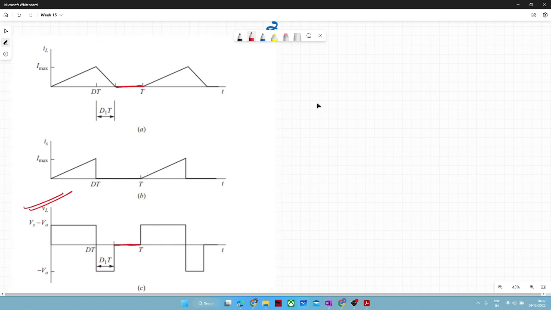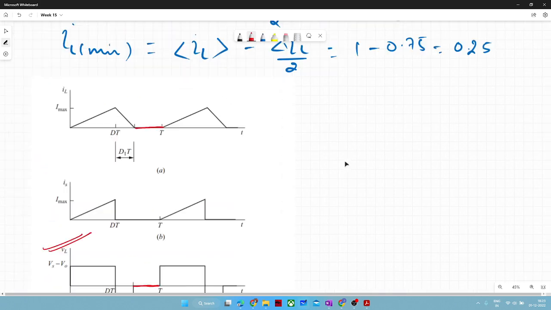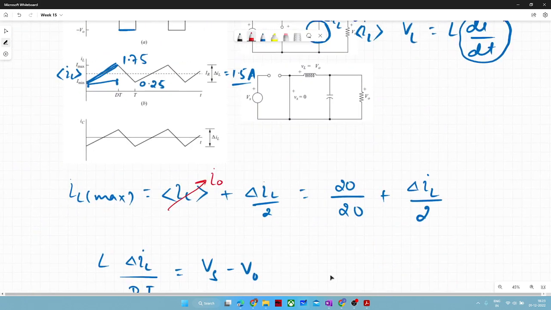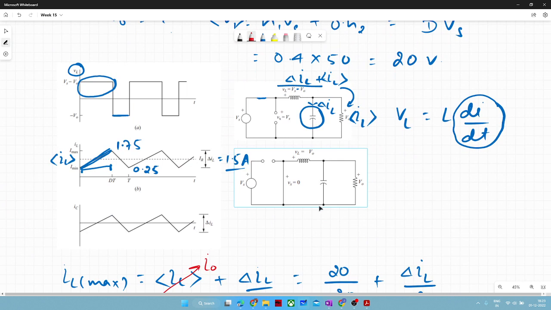And here is what kind of waveform is will contain. So is will be nothing but the inductor current when switch is on. And when switch is off, it means your diode is on and your source is getting disconnected from the inductor. So that's why your is looking like that.